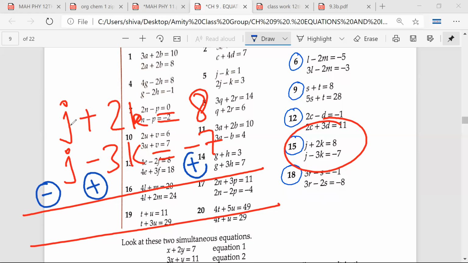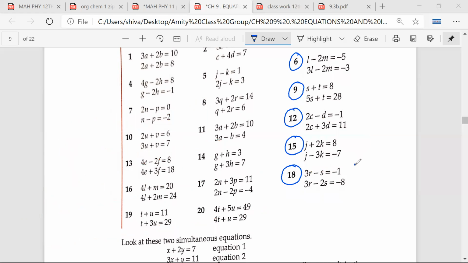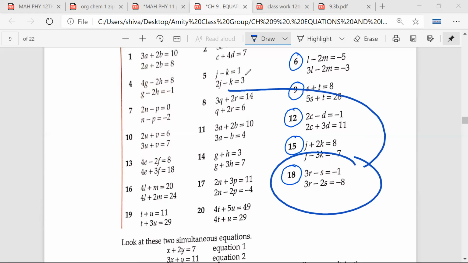Have you understood? So j minus j cancels. 2k plus 3k, because this minus has converted into plus. So 2k plus 3k is 5k. 8 plus 7 is 15. Therefore, k is equal to 3. Soumyaji, any doubt? No, sir. Okay, let us do a bonus question.